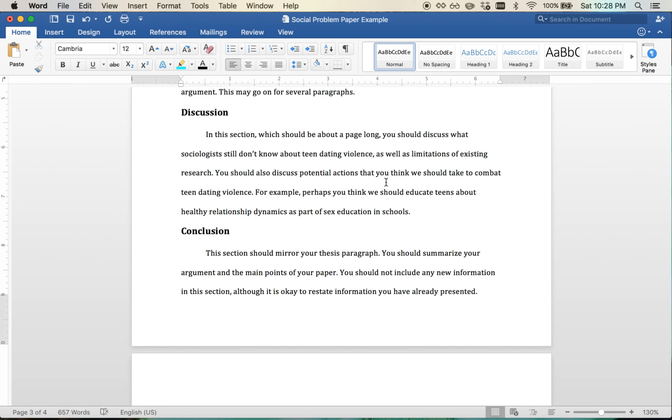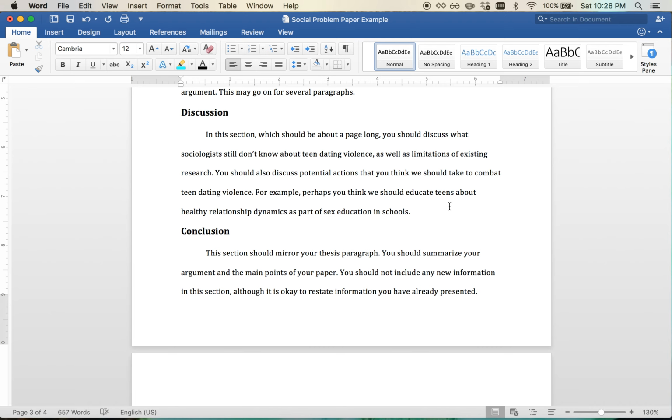You also in this section should discuss potential actions that you think we as a society should take to combat teen dating violence. For example, perhaps you think we should educate teens about healthy relationship dynamics as part of sex education in school. Or perhaps you think that intervening in early patterns of family violence will help prevent teen dating violence from ever happening.